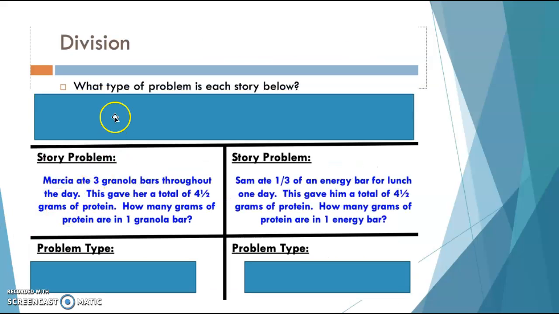Okay, so what type of problem is each of the stories below? Story problem 1. Marcia ate 3 granola bars throughout the day. This gave her a total of 4.5 grams of protein. How many grams of protein are there in 1 granola bar?